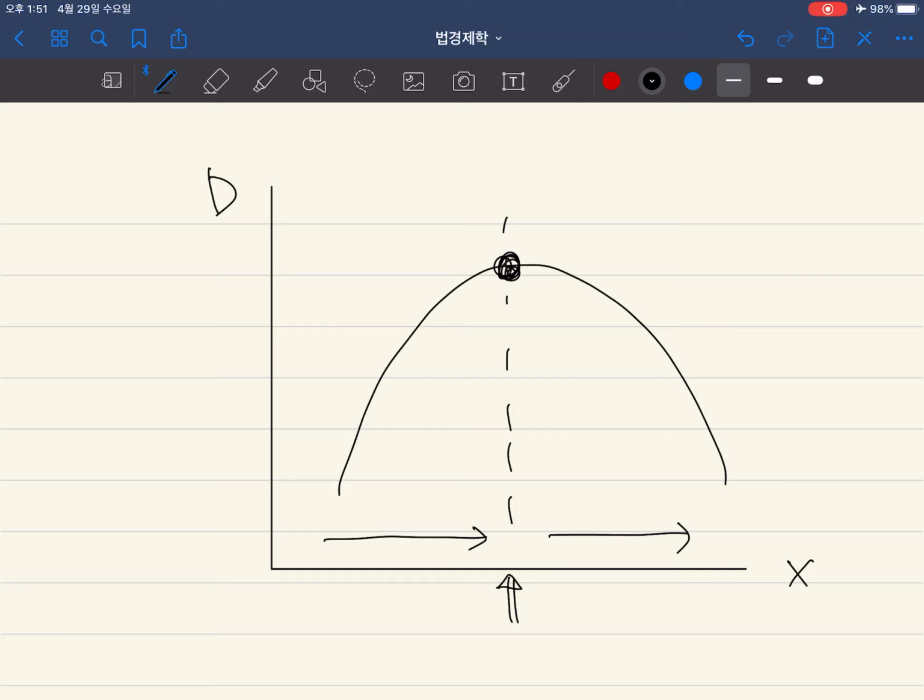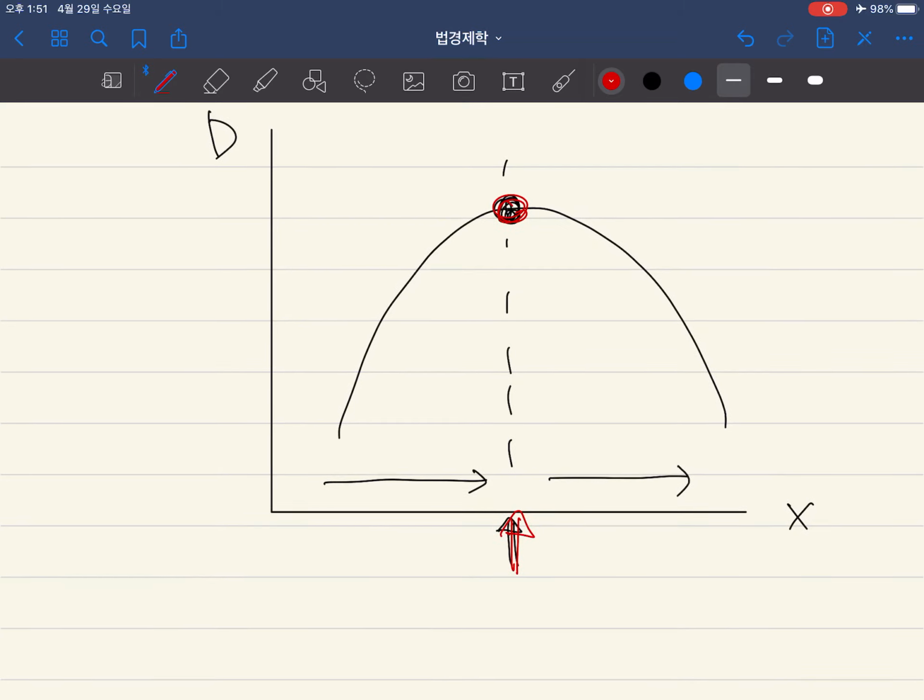So this is the shape of our iso-cost curve. Our iso-cost curve has an inverted U shape. Now we want to think about this max point over here. Look at this red point. You choose one iso-cost curve, then at this red point it attains the maximum.